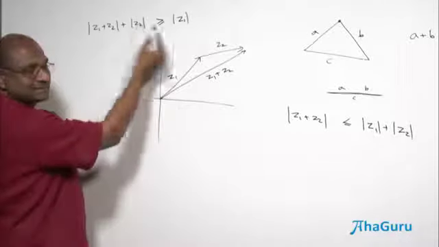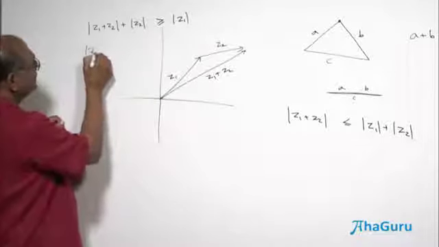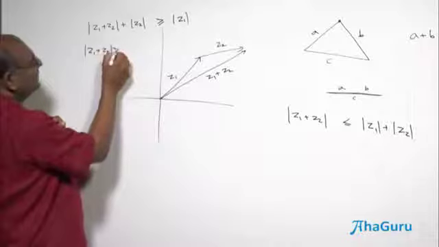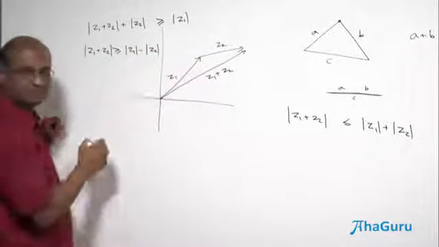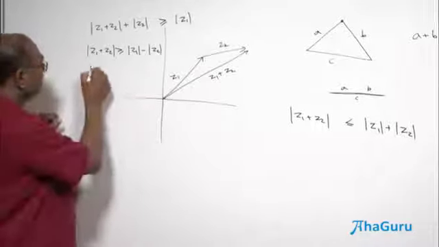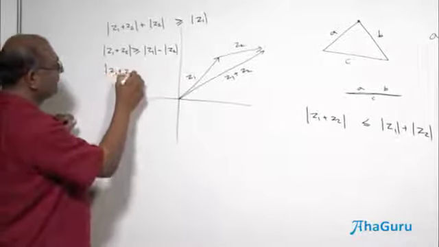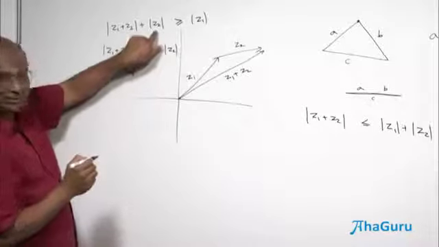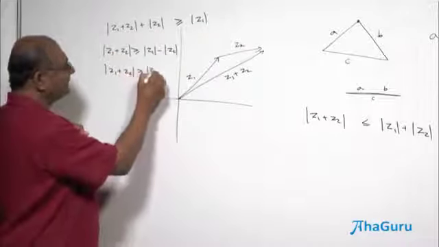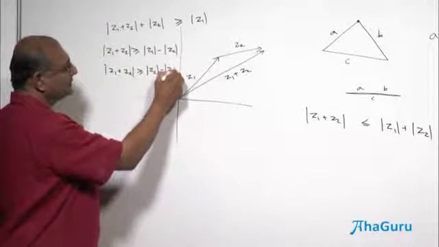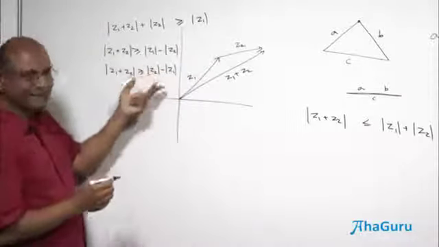So I can say this, which means modulus of Z1 plus Z2 must be bigger than modulus of Z1 minus modulus of Z2. I can also say modulus of Z1 plus Z2 plus modulus of Z1 is bigger than modulus of Z2. So that means this must be bigger than modulus of Z2 minus modulus of Z1. If you compare these two, one is the negative of the other.